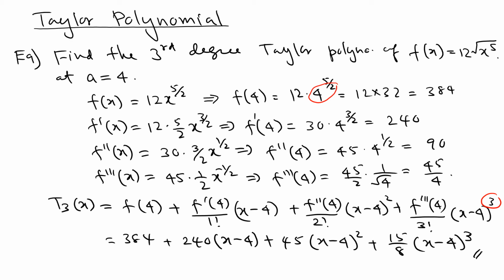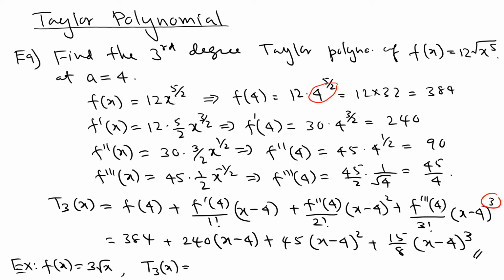So I'm going to give you one example that you can try. Let's try to find the third degree Taylor polynomial of this exercise. The function is, let's say, 3 square root x. See whether you're going to get this as the answer.